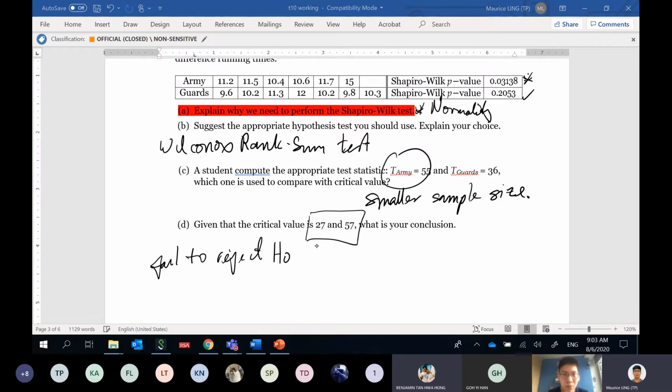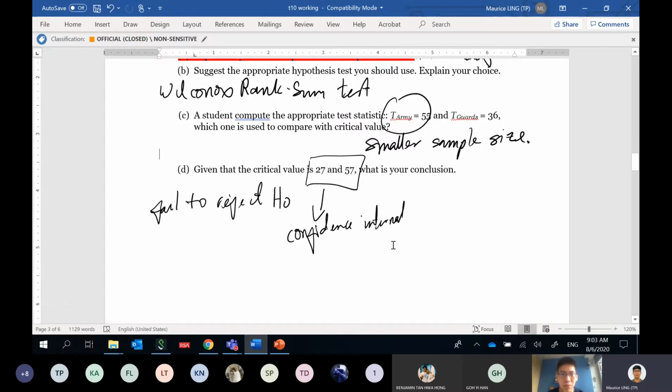Okay, essentially the critical value for your Wilcoxon rank sum test is almost like a confidence interval. So you have 27 to 57, and your statistic is actually in here. Okay, then fail to reject the null hypothesis.